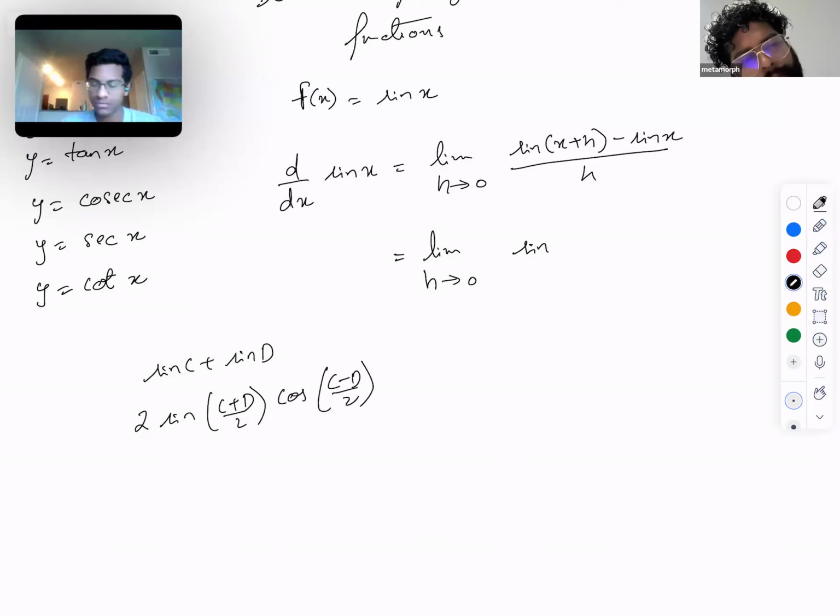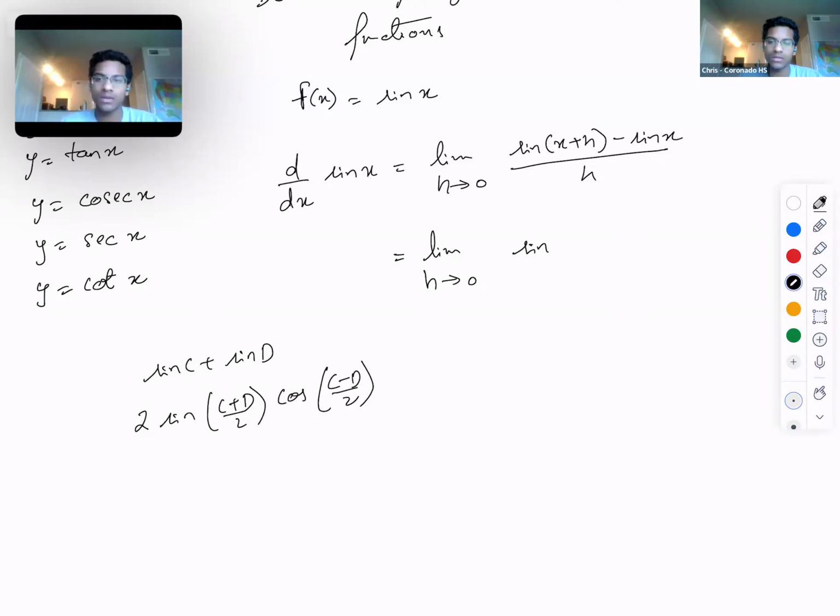Let's hope I'm not wrong with the formula. I think I'm correct. I also don't memorize the formulas, but I know how to derive them. So if I derive them, then there's no mistake.